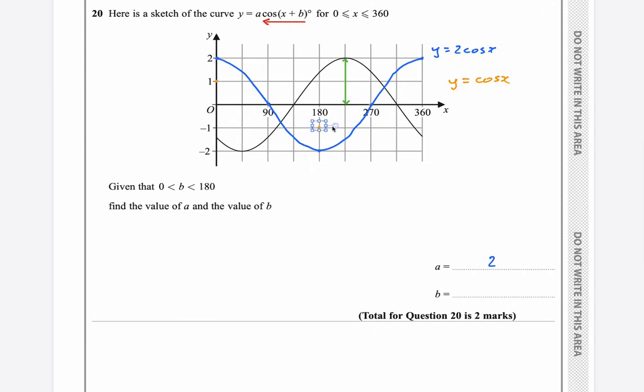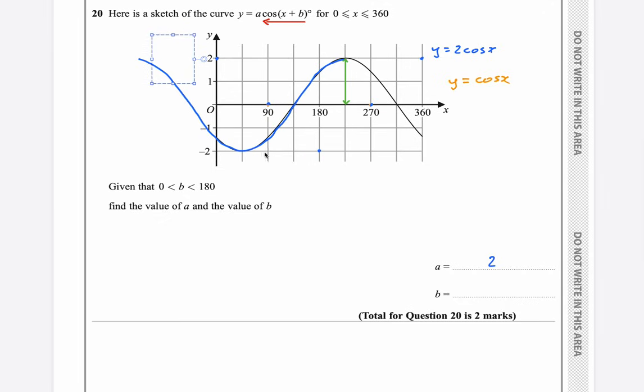Now this blue graph, this is my 2 cos x, has been moved to the left, and that's how we're going to find b. Now how much has it been moved to the left? Well, let's focus on this minimum point, or you could look at this maximum point, but let's look at the minimum. I'm going to move it 1, 2, 3, and now I'm on the curve.